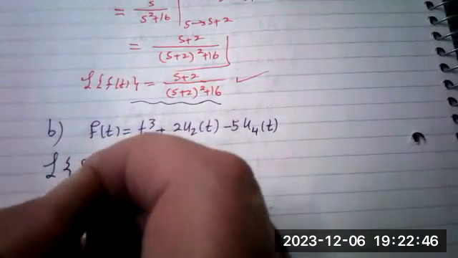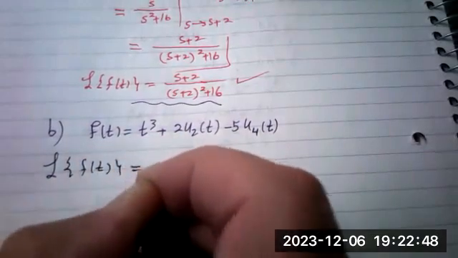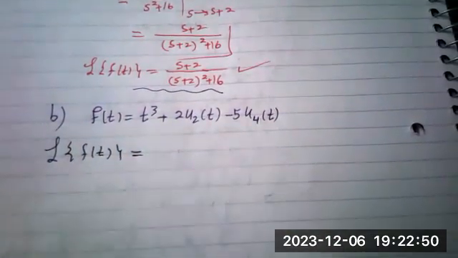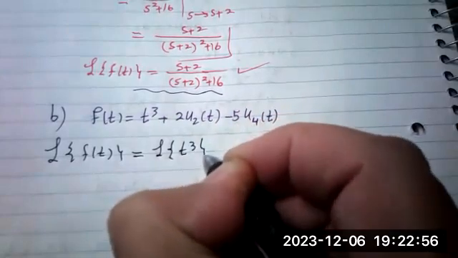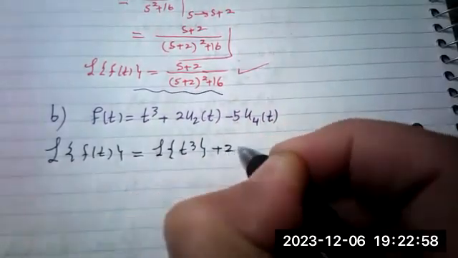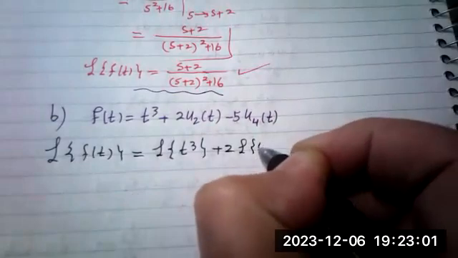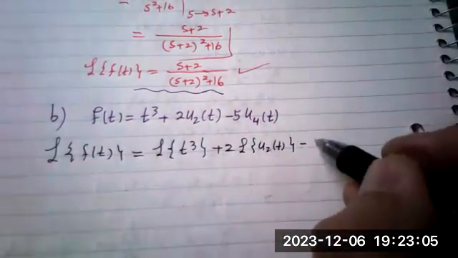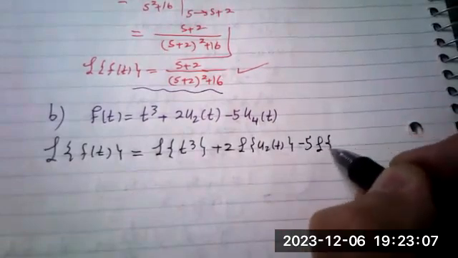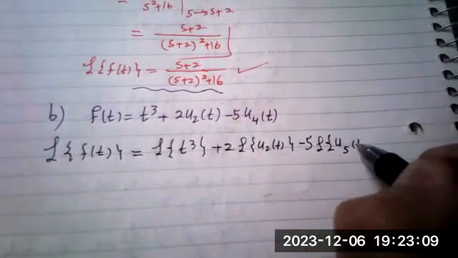Laplace of f of t is equal to the Laplace of t cubed, let me write it down so you know, plus 2 Laplace of u_2(t) minus 5 Laplace of u_5(t). You can do it right away, we accept it.